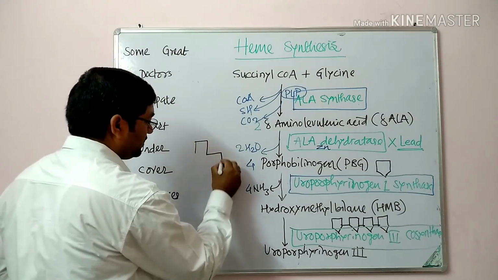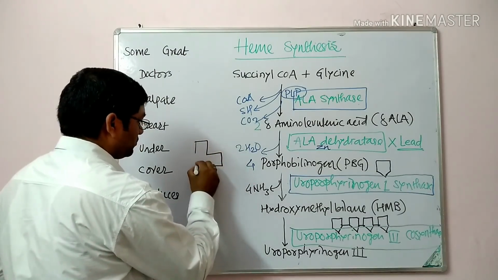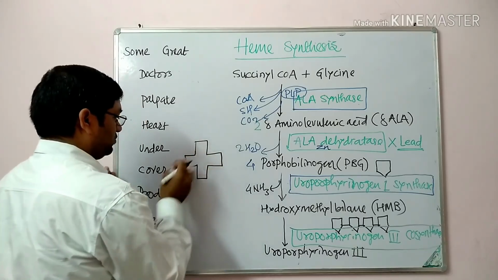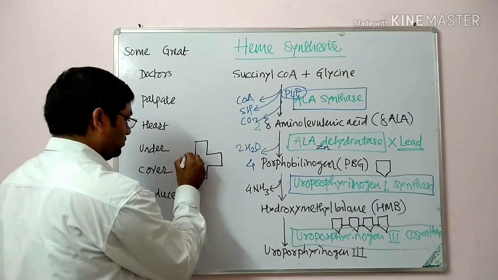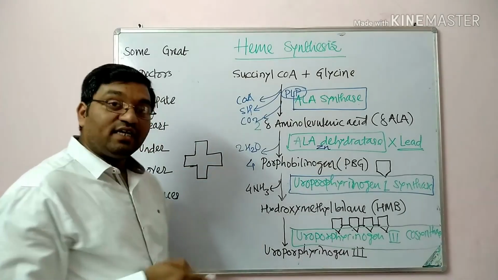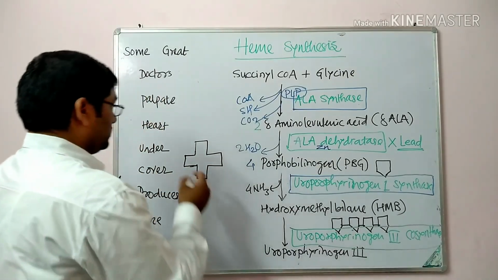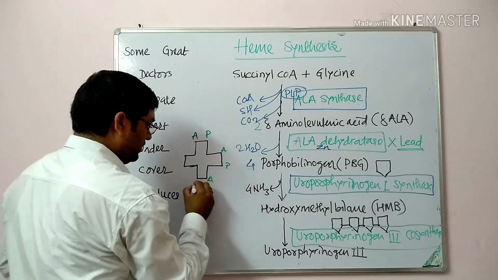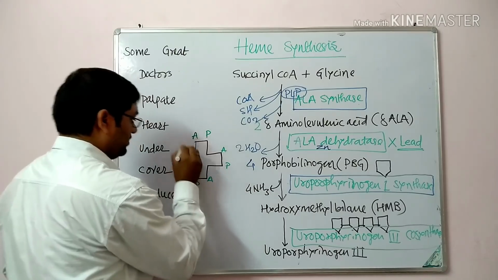These are the pyrrole rings, and it has 8 substituent groups, that is AP, AP, AP, and PA.